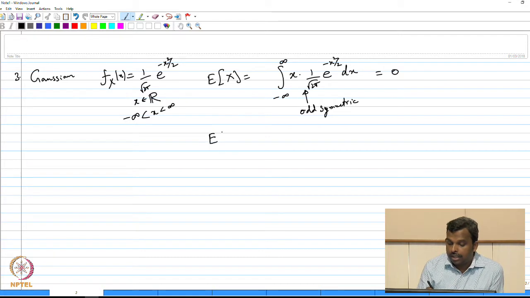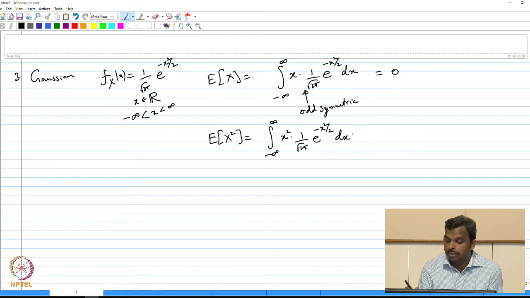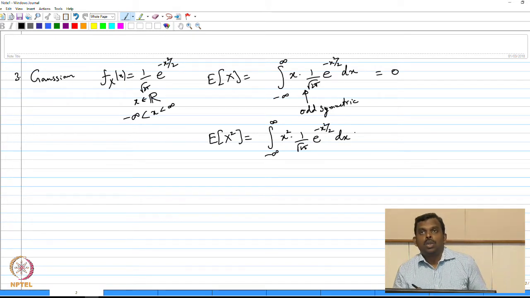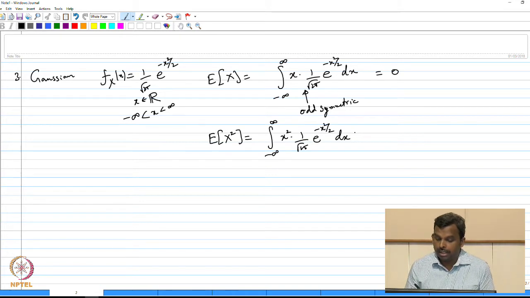The other slightly more tricky calculation here is the expected value of x squared. You're going to have x squared times 1 by root 2 pi e to the power minus x squared by 2 dx. In this case it looks a little bit tricky, and you actually have to do integration by parts. I'm going to show you how I do it.